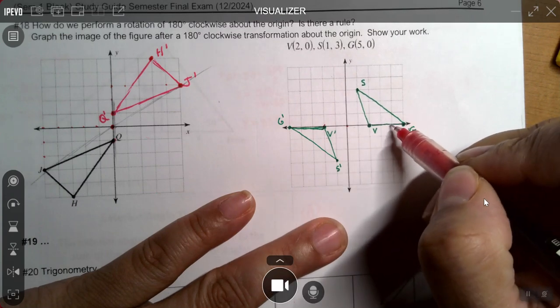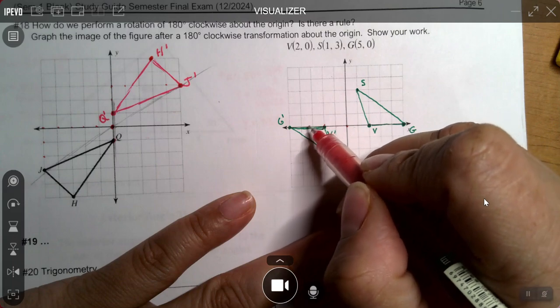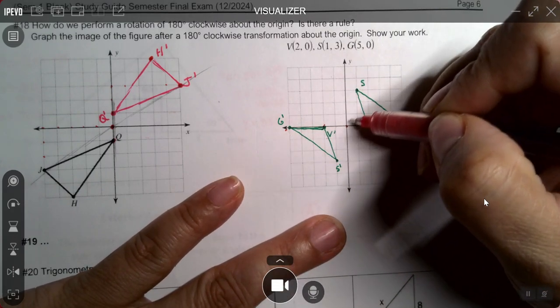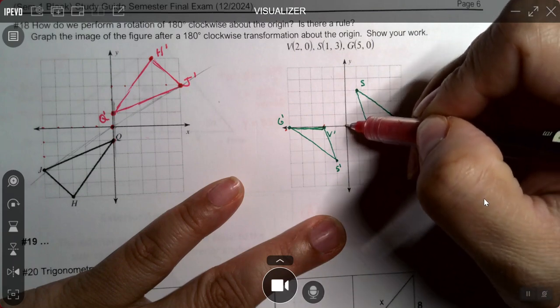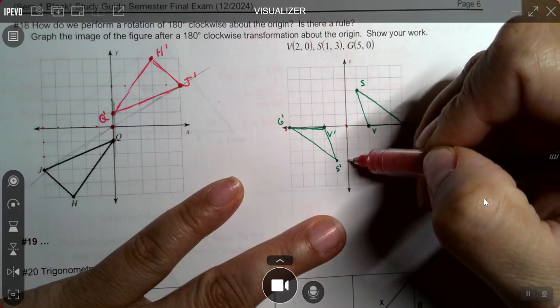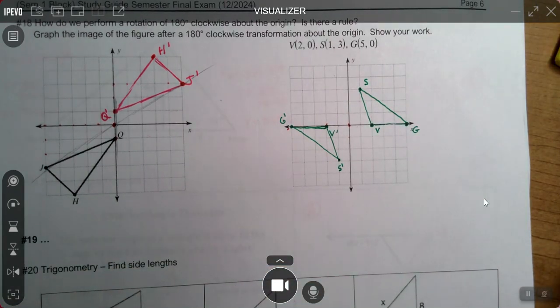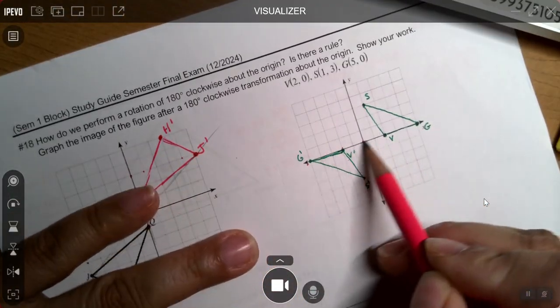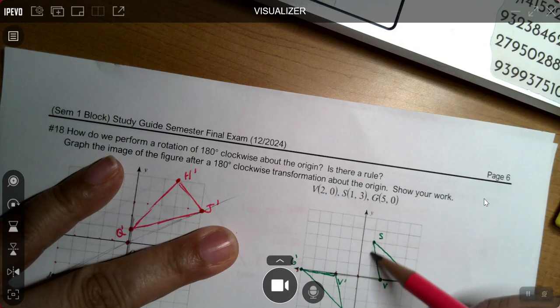From G, 1, 2, 3, 4, 5. 1, 2, 3, 4, 5, G prime. From S to the origin, I got to go 1, 2, 3 down, 1 over. So 1, 2, 3 down, 1 over, S prime. All right, so it should be a straight line that goes through the origin between the points.